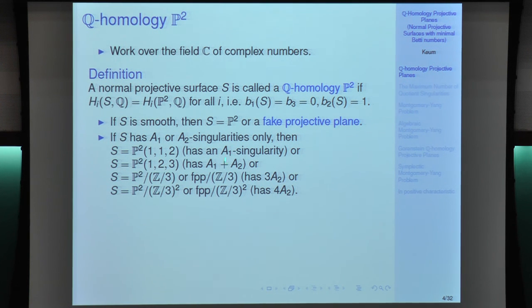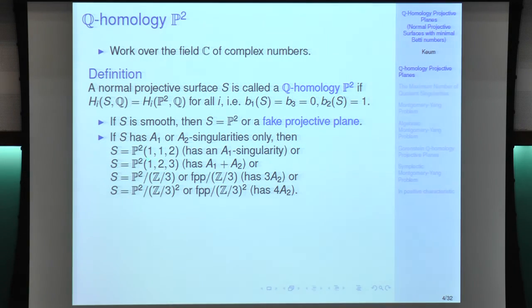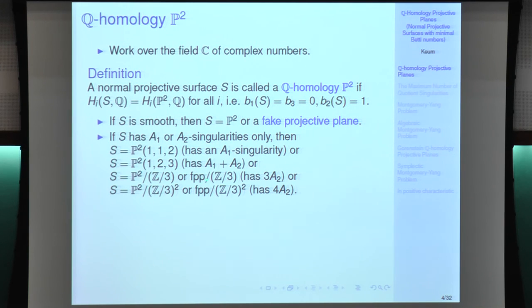In the first two cases, it must be rational. So this is nothing but the singular quadric. In these two cases, it could be rational or also a quotient of a fake projective plane. So there are many fake projective planes having an automorphism of order 3, and any such quotient should have 3A2 singularities.